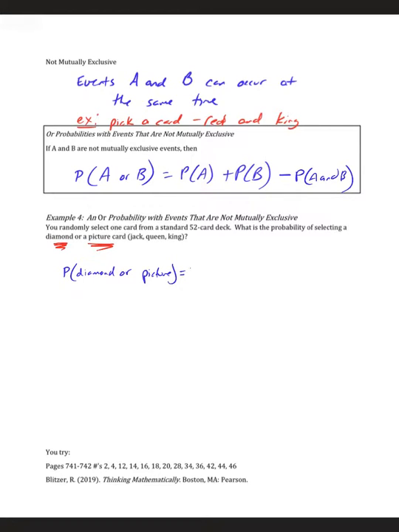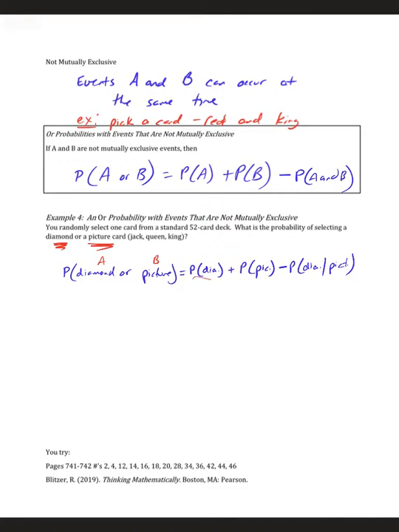So what we have to do is find the probability, and we can think of this as event A and event B. So the probability of getting a diamond, I'm going to abbreviate it and just say dia, and add it to the probability of getting a picture card. Now we have to subtract out the probability of a diamond and a picture card.